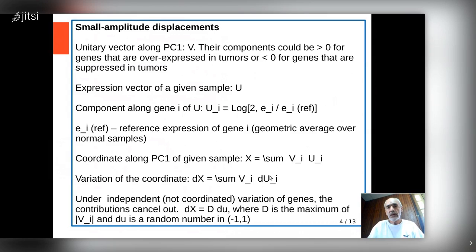And then what we have at the end is a Brownian model for Brownian motion, where d is the maximum absolute value of the components of the vector, and du is a random number in [-1, 1]. That is, this d sets the scale of the motion.